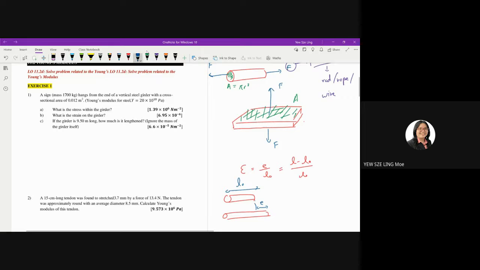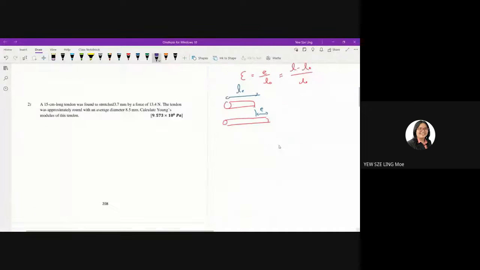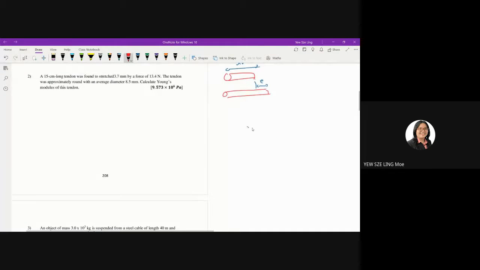When you combine these two things together, you obtain a new term called Young modulus, which tells you the stiffness of the object. Young modulus Y equals sigma over epsilon, which equals F over A, divided by elongation over L naught.